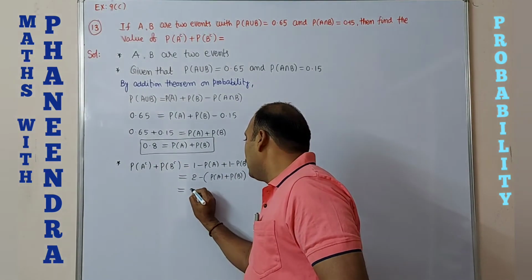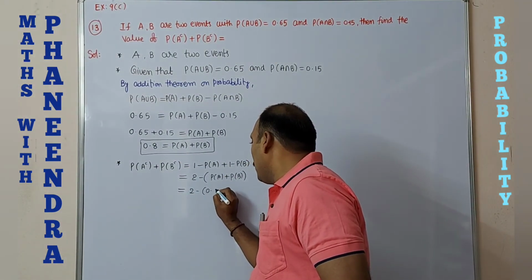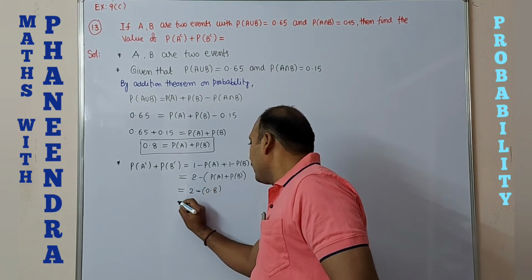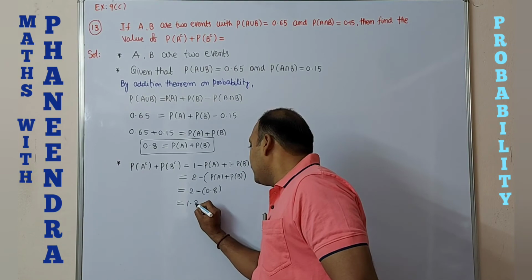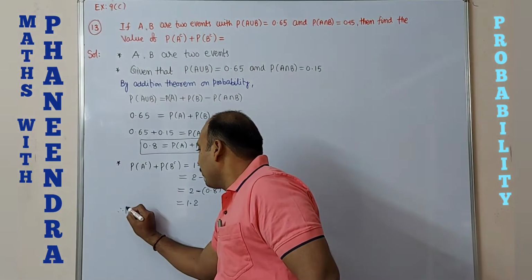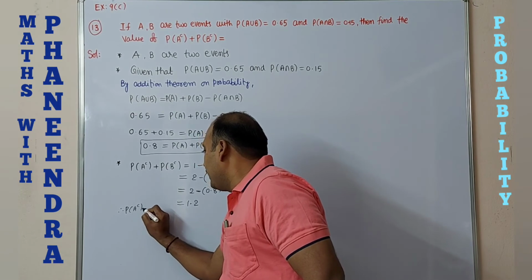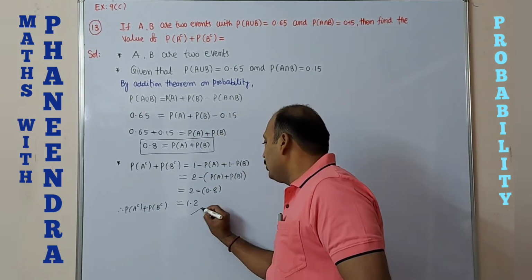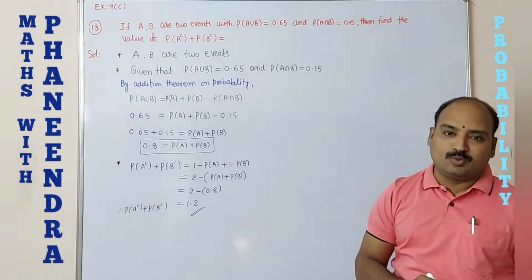So which is equal to 2 minus 0.8, which is equal to 1.2. Therefore, the value of P of A complement plus P of B complement is equal to 1.2.